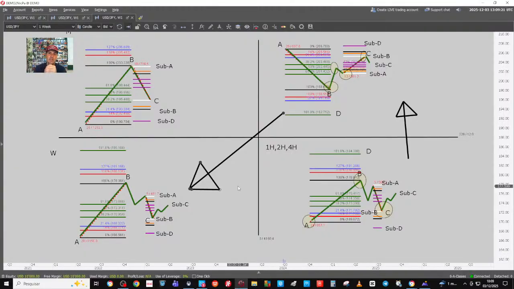Is the weekly going up or down? Can you see, everybody? Oh, I'm a trader. You're not a trader. You're far away from being a trader. You are trying to be a great analyst. I mean, it's a learnable skill.